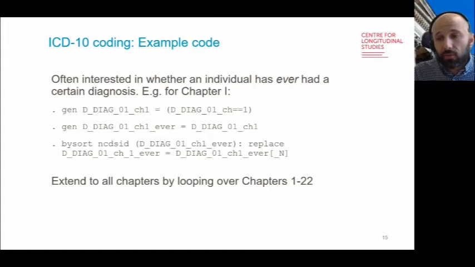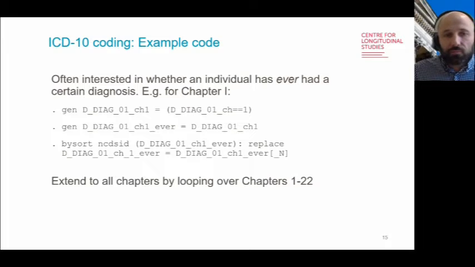So within a given episode, we would be able to see if a diagnosis within a given chapter was present, for a single diagnosis slot within a single episode. But we probably want to do that looking over spells, or potentially as a kind of ever variable, whether an individual has ever had a certain diagnosis.